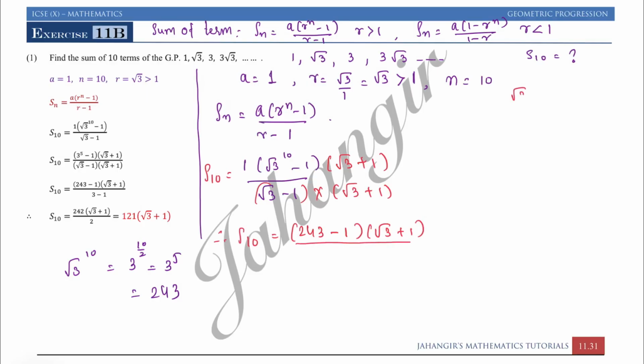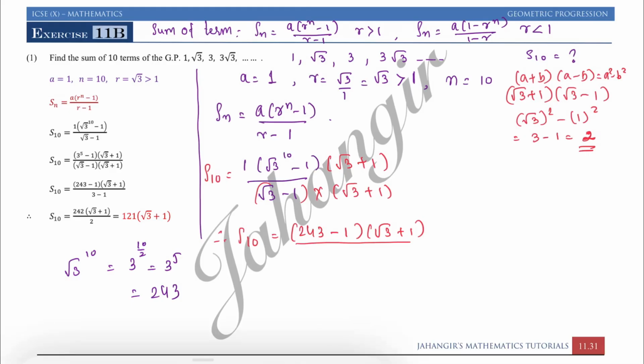See, root 3 plus 1 multiplied by root 3 minus 1 will give you root 3 square minus 1 square, that is a plus b into a minus b, which is equal to a square minus b square. That is root 3 square is 3 minus 1 square is 1, so 3 minus 1 is 2. So in the denominator we can write 2.